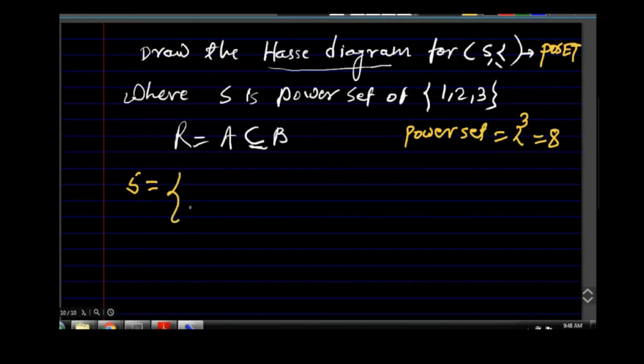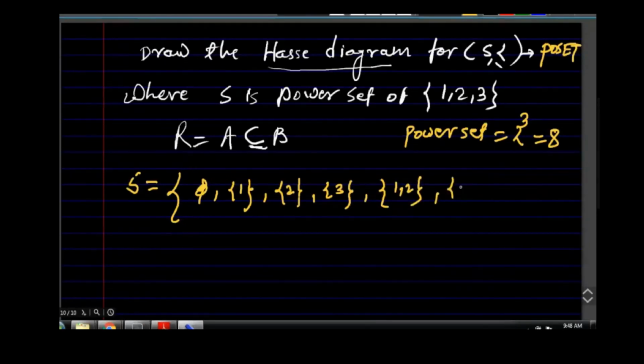The first element will be phi. The second element will be the set of only 1, the third will be the set of 2, then the set of 3. Then next {1, 2}, then {1, 3}.